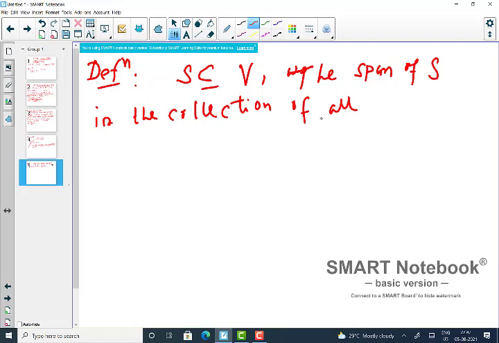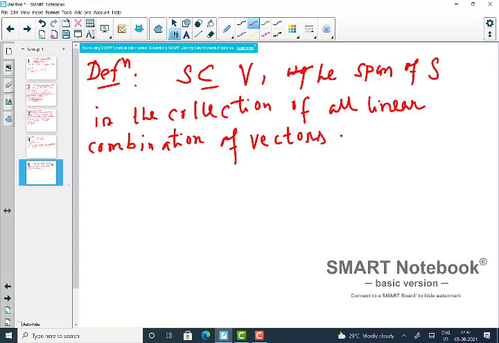So we write down the collection of all linear combinations of vectors, which we sometimes also call elements. Inside S, whatever elements are there, you take linear combinations, and those will be inside V. If you collect all such things, that set is called the span.